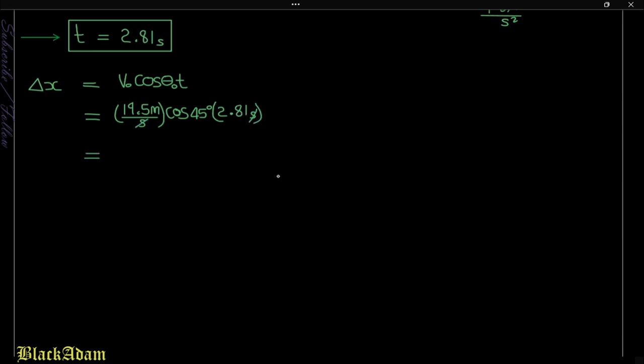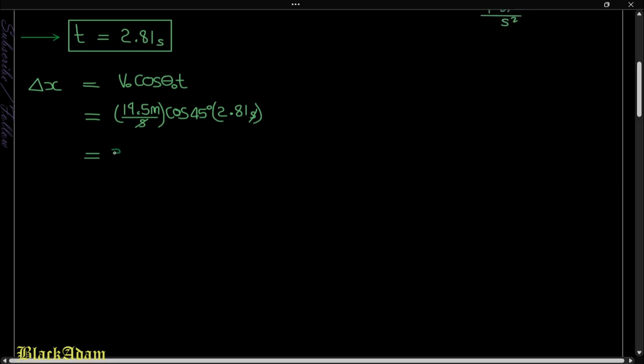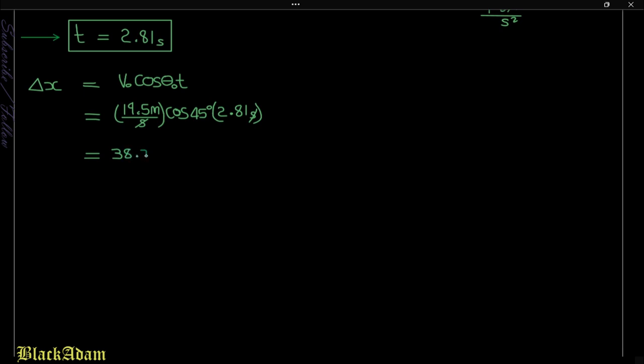Seconds cancel out, so we're left with meters. That will be 19.5 multiplied by cos 45 multiplied by 2.81, giving us 38.7 meters. So that's the distance the ball travels horizontally. What will be the actual speed?